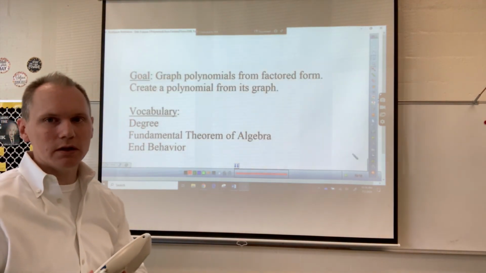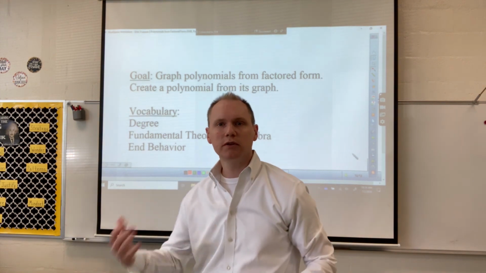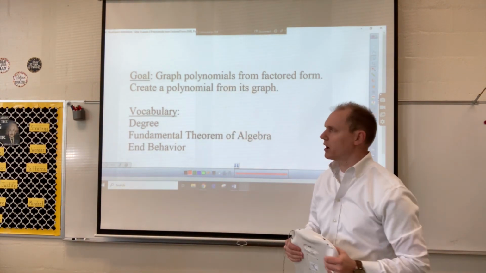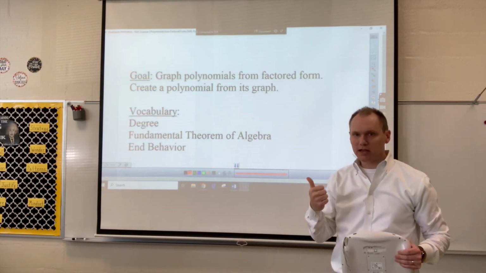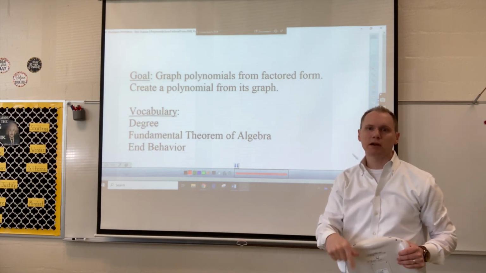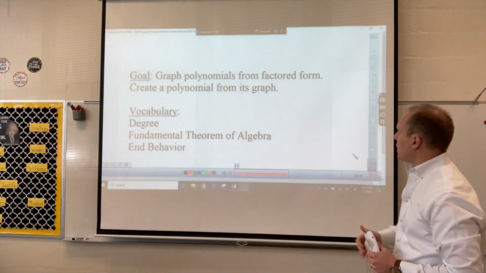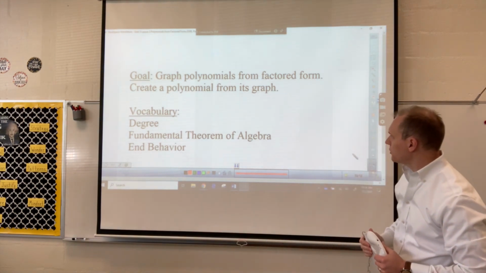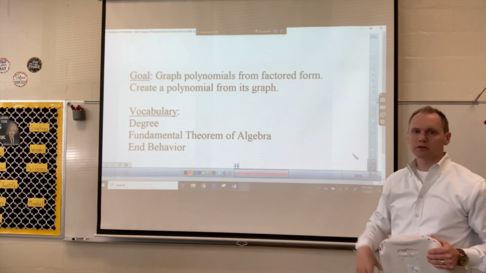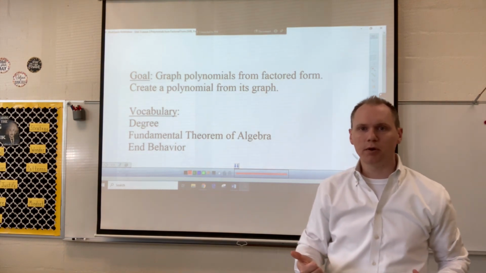Okay, so hopefully that's at least an introduction to some of these concepts that we've been talking about. Graphing polynomials from factored form, mainly taking those factors and finding the corresponding zeros. But then also creating a polynomial from its graph, which we just got done doing. And then throughout this whole process, we've been talking about terms like degree, which is the highest exponent in a polynomial.